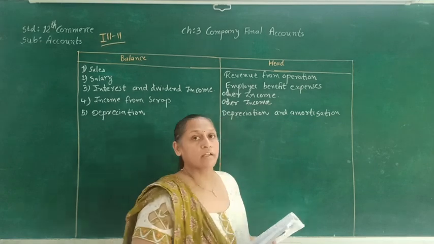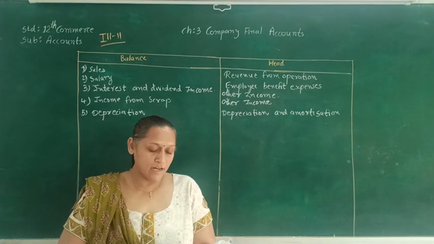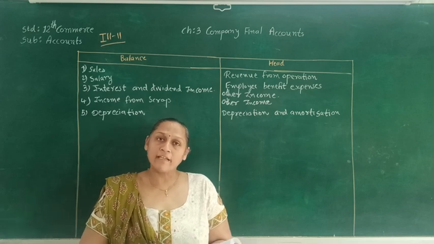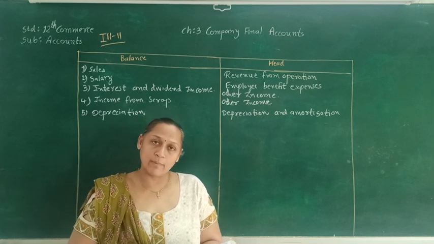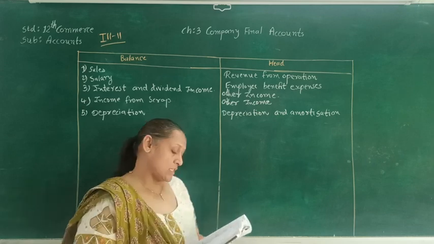After that, another balance is telegram and postage. Telegram and postage is an other expense of a business, so it will fall under the head other expenses.